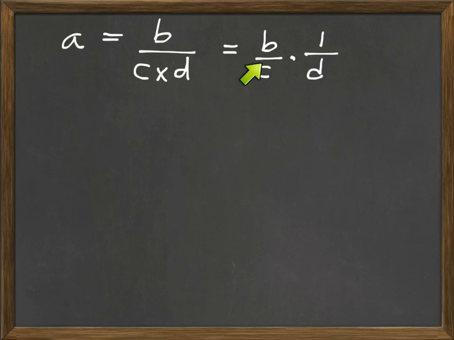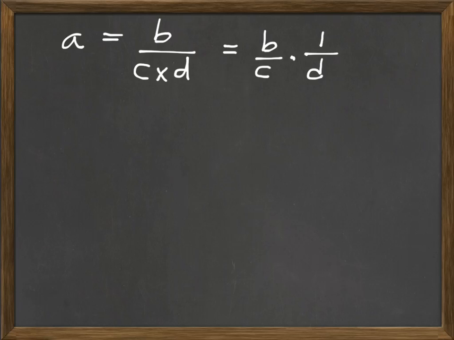Now this looks like more the shape of the equations we did when we were doing dimensional analysis, right? And so if you're putting this into your calculator, you would go B divided by C times 1 divided by D. You wouldn't multiply by D, would you?